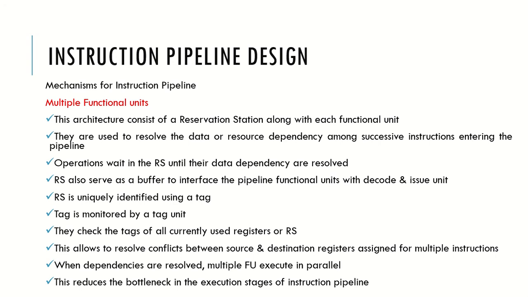It also serves as a buffer to interface the pipeline functional units with decode and issue. Each reservation station will have its own tag. Okay, so that tag is monitored by a tag unit, and the tag unit will check the tags of all the currently used registers of the reservation station.